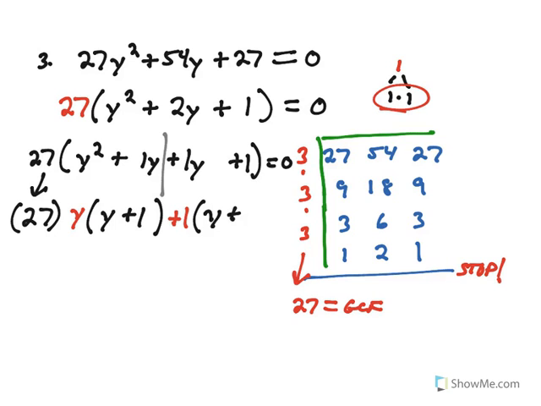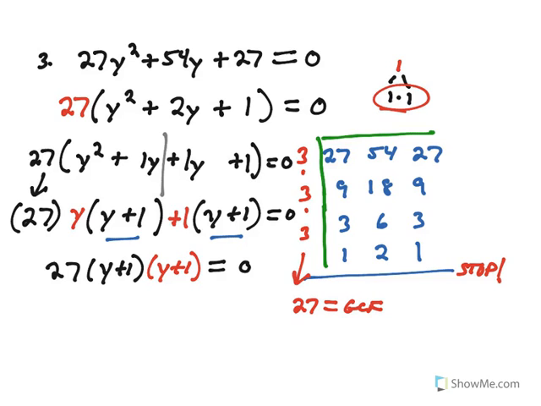Then, of course, you're going to have y plus 1 again. Notice that these are identical. So your two factors are y plus 1. And then here's your y plus 1 in red. And then the 27 that we factored out earlier, just throw that out front. That doesn't change anything yet. Don't forget this is still equal to 0. And then we're going to set all the factors to 0.